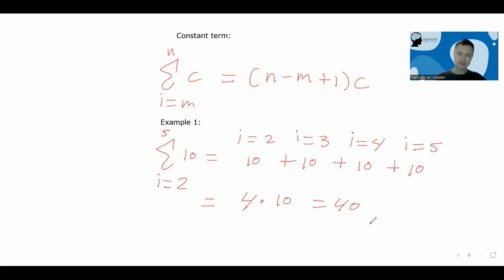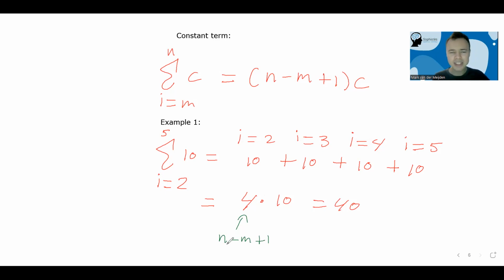Okay. But you can imagine that here it was doable with this method that we started this session with. But if I would, for example, have a 50 here, it would be a lot of work to write this all out. So you want to have some sort of property to speed up the process. And that's this property. To get this 4 here, the 4 times 10, I could also have used n minus m plus 1.